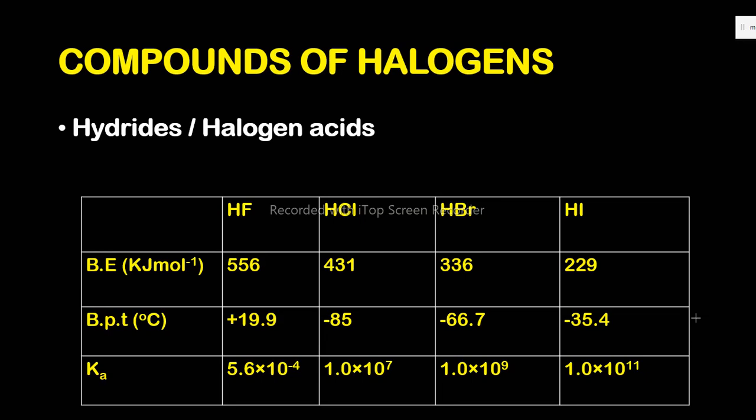These ones dissociate more to produce hydrogen ions than HF, which has the least constant, which makes this constant increase down the group. Okay, that's fair. That's a fair try.